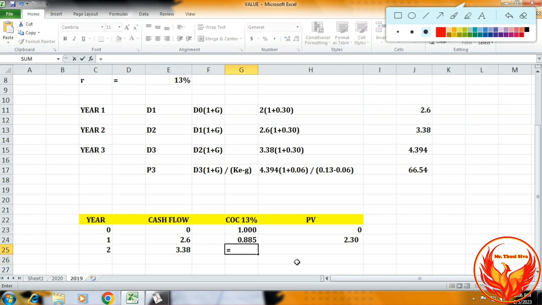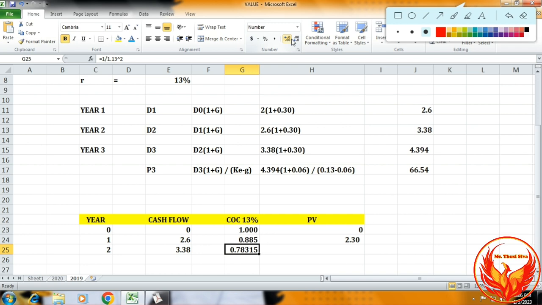Cost of capital in year 2 is 1 divided by 1.13 upon 2, which is 0.783. So the present value for year 2 is 2.65 rupees.